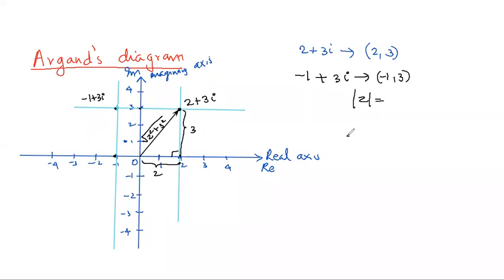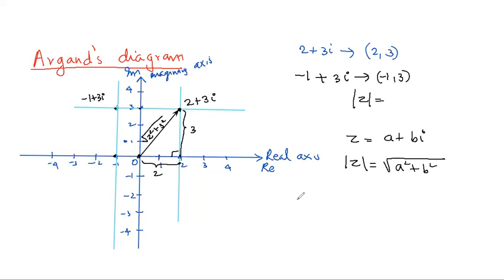That is exactly the modulus. If z is a plus bi, how did I calculate the modulus of z? Root of a squared plus b squared. It is nothing but the distance from the origin to the point which you have plotted. So modulus means a distance. It is a distance from the origin to the point coordinate.